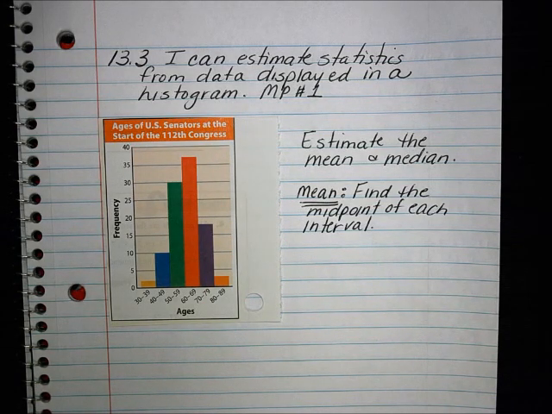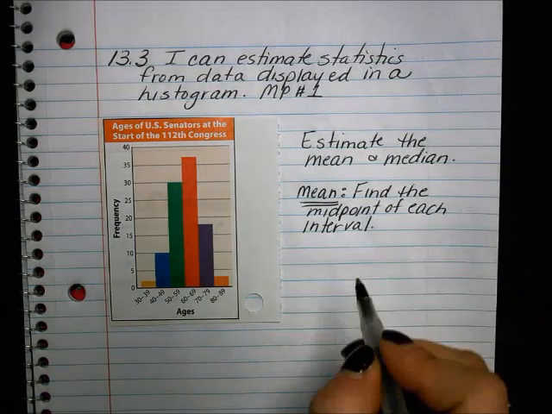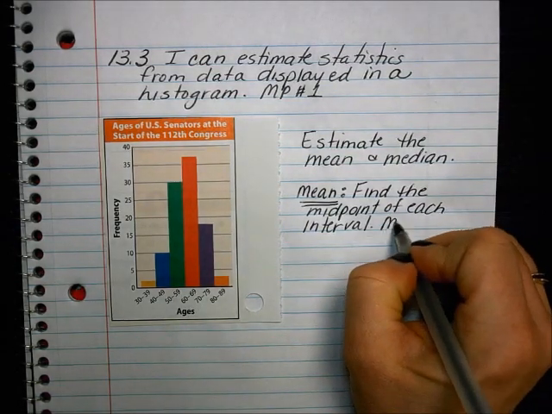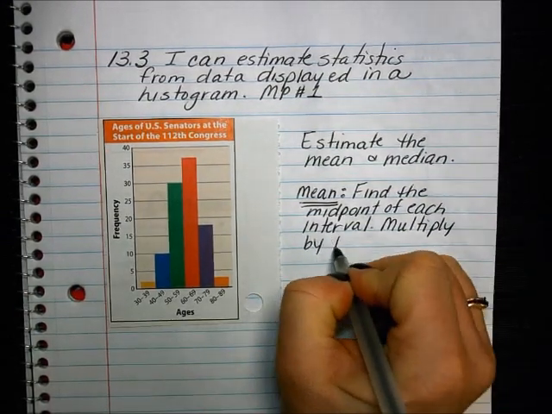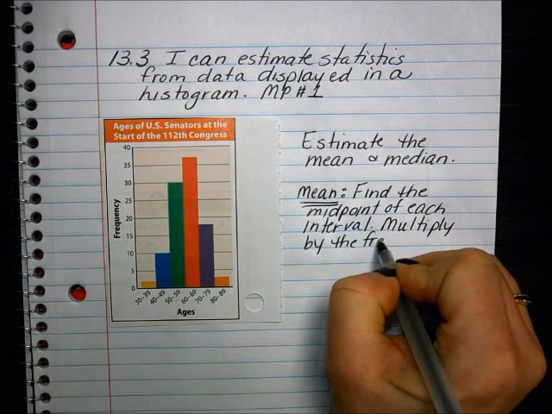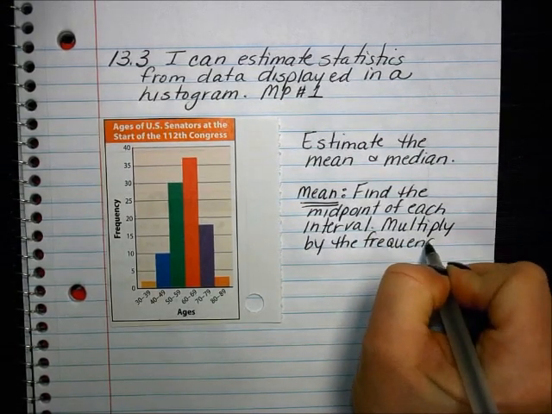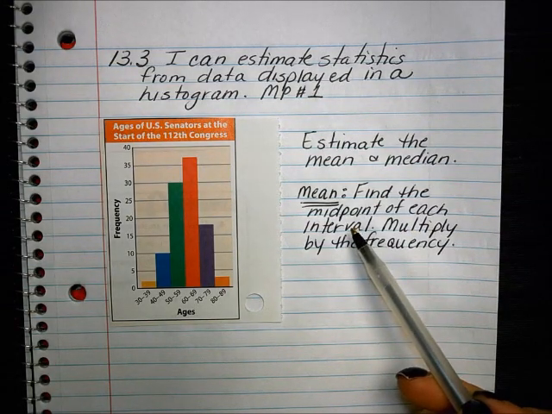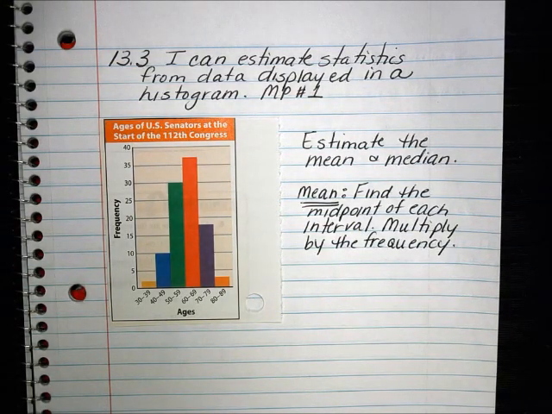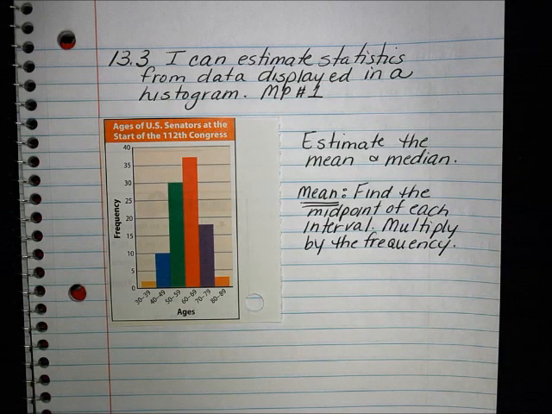Now, once we know the midpoint, which will be kind of the middle age of that interval, we're going to take that number and we're going to multiply it by the frequency. Once we know the middle age of the interval, we'll multiply it by how many people were in that interval. Okay?